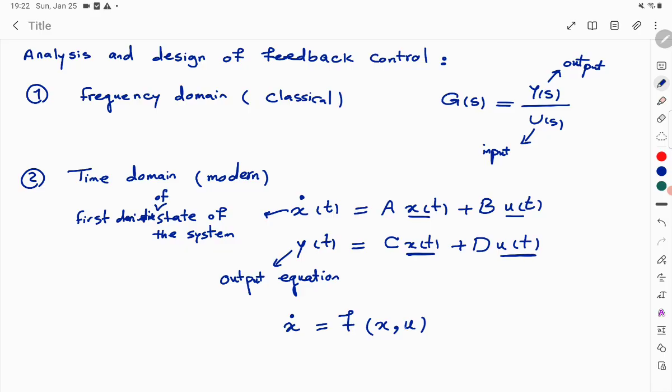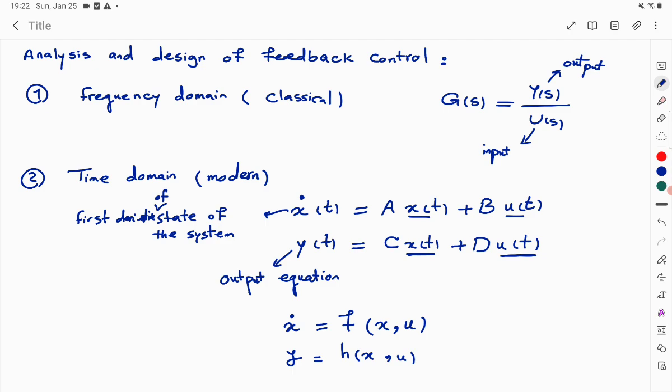So it shouldn't be a linear function. It can be nonlinear. And actually, most systems in the real world are nonlinear, so we are much closer to reality in this representation. And then for output, we have y equal to h in terms of the state of the system and input of the system.